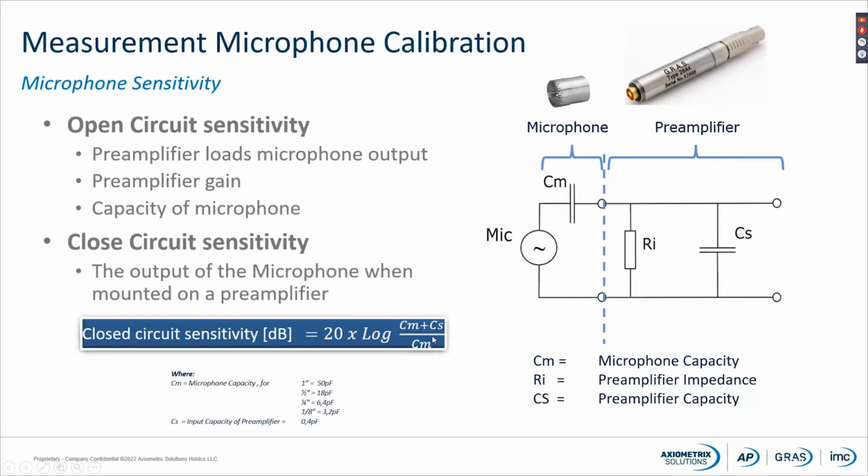If we calculate this, we will find that for a standard half-inch microphone, the closed circuit sensitivity is about 0.2 dB lower than the open circuit sensitivity.